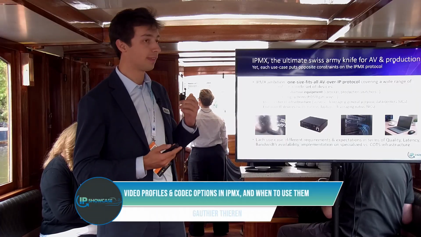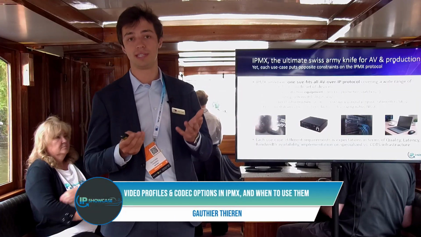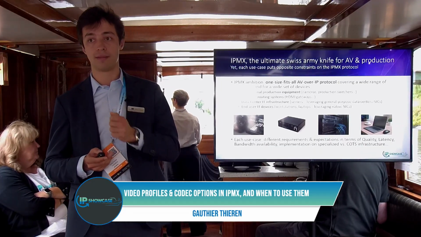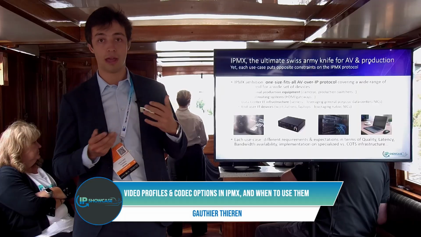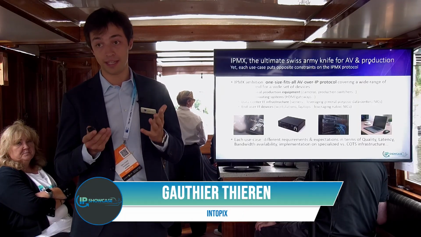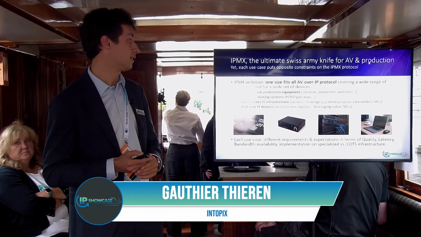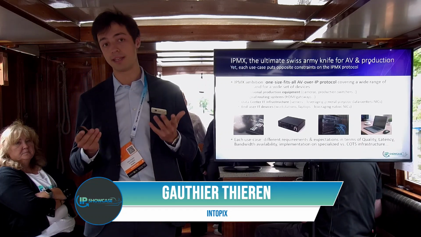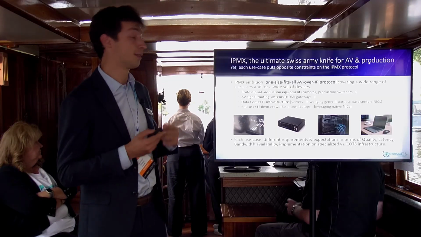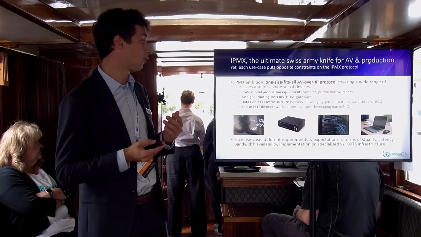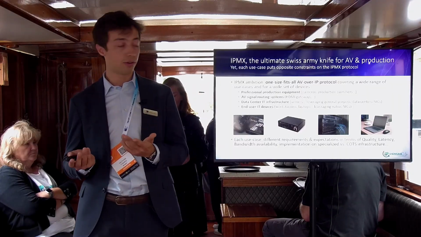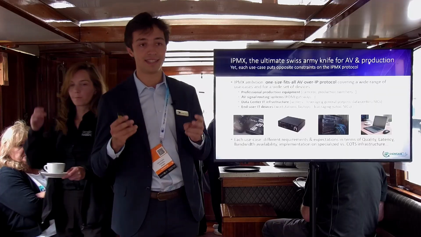And therefore, it needs to cover a wide range of use cases, and each of those use cases really puts different constraints. And therefore, you have to design the specifications for those different use cases. So for example, in an IPMX network, you might find some professional production equipment, such as production switchers and cameras, but also some AV signal routing systems, so typically HDMI encoders and decoders, but also more IT-centric infrastructure.